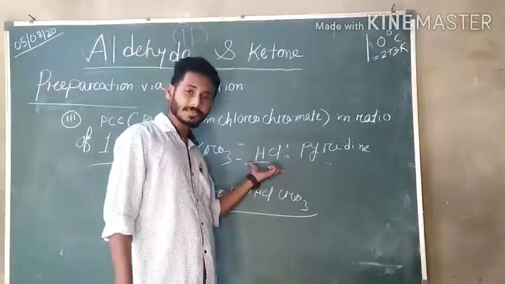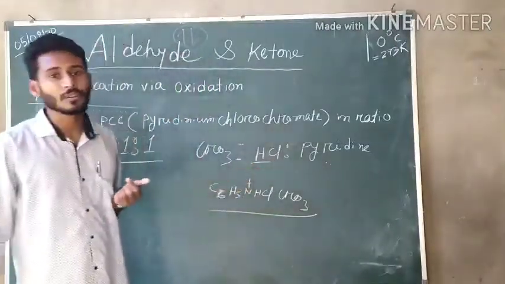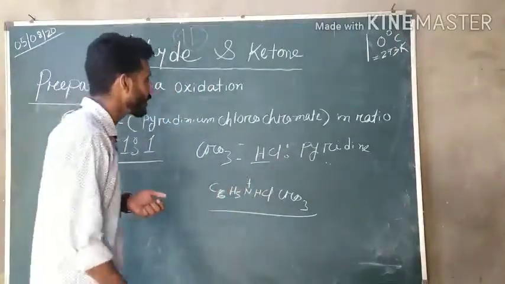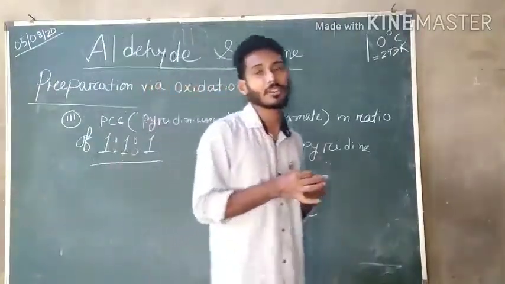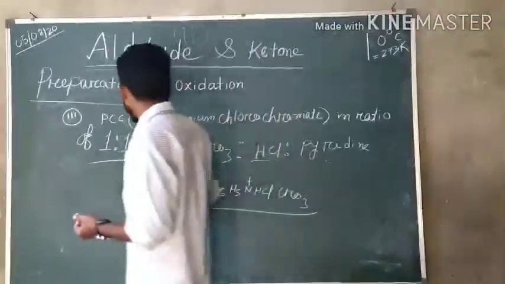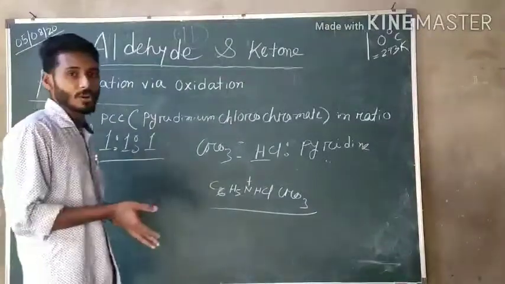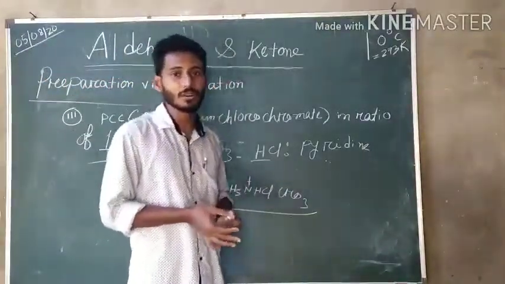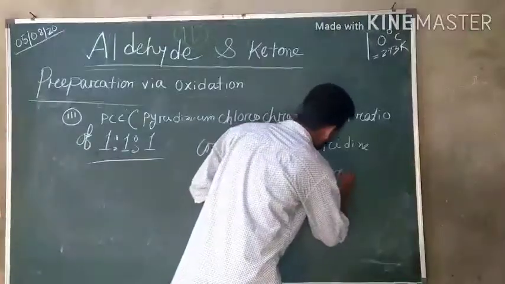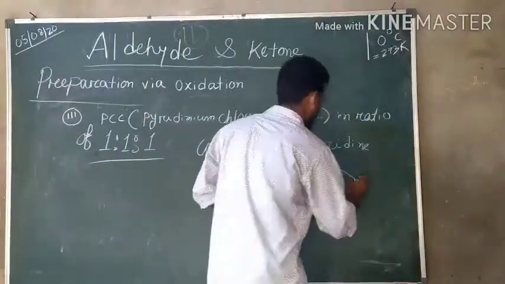It is very specific because it will convert only alcohols into aldehyde. It will not affect or oxidize other types of functional groups, like say a double bond here.